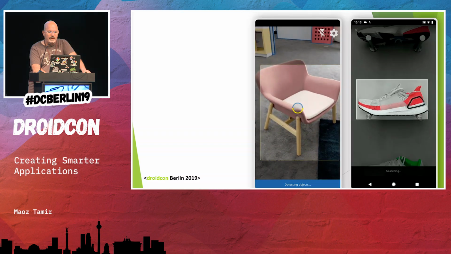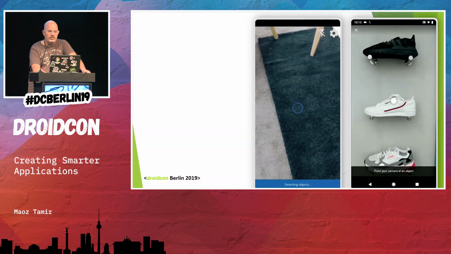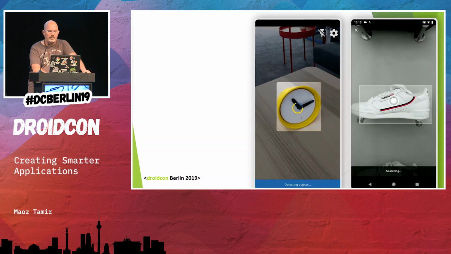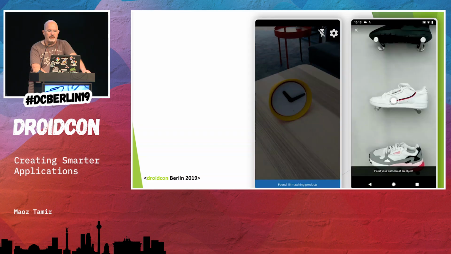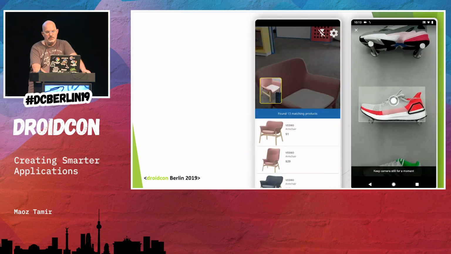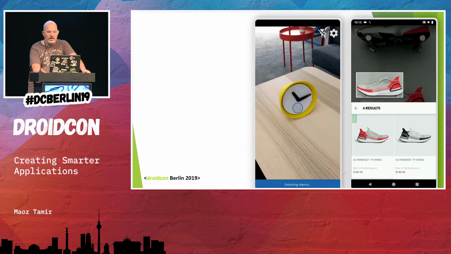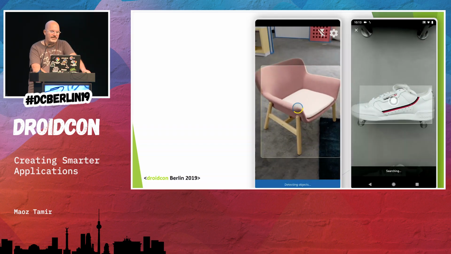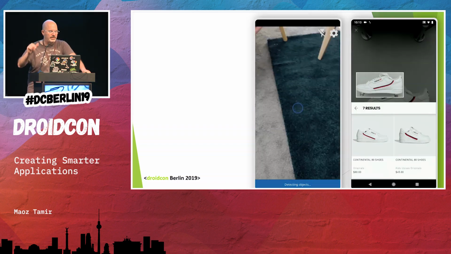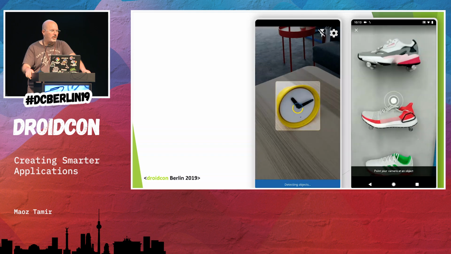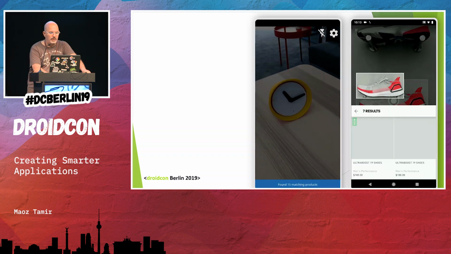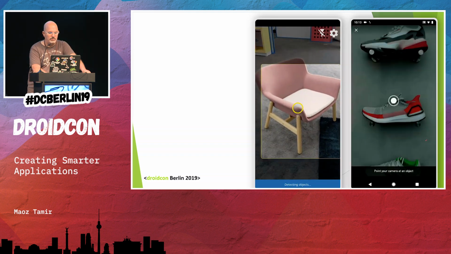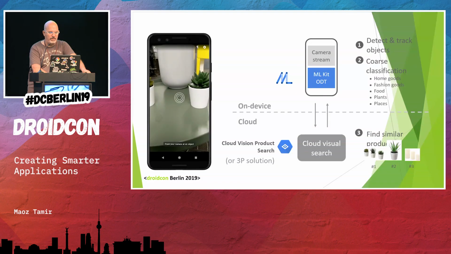As you can see, here we have an actual object detection. So you detect the object, and you can see it's some kind of a shoe. And this detection is done offline. If you are searching for something, this is the only place that we are actually going to the web and trying to find the match.